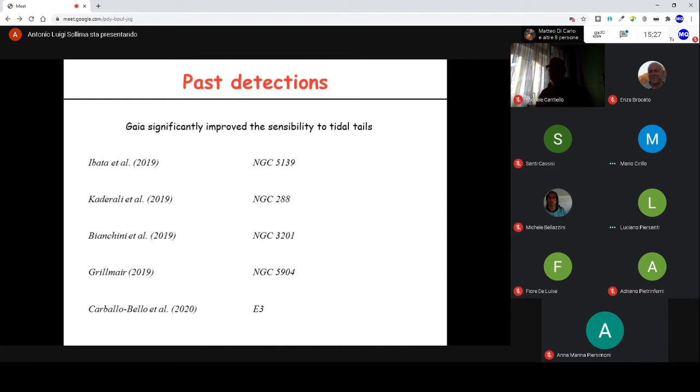Since the second data release of Gaia, there were five papers claiming tidal tails in nearby globular clusters, besides my paper, which instead analyzed a sample of 18 nearby globular clusters.